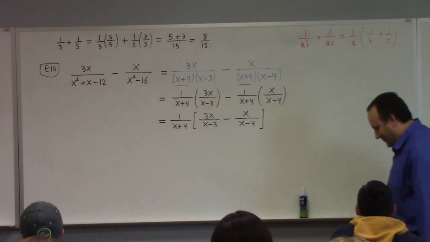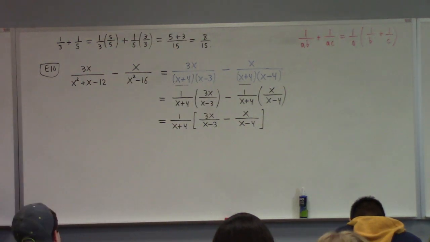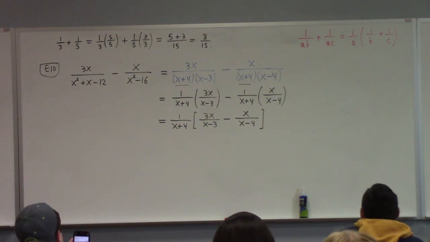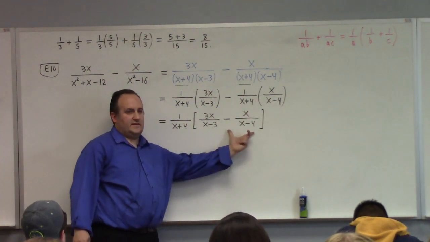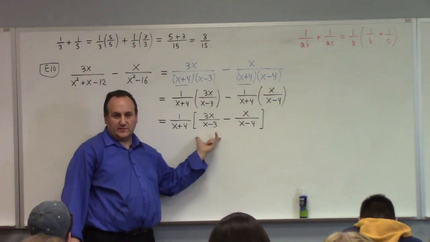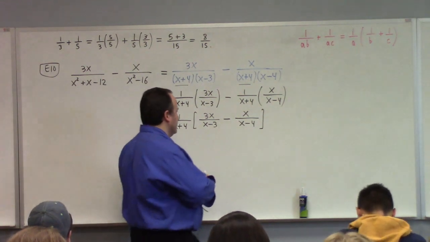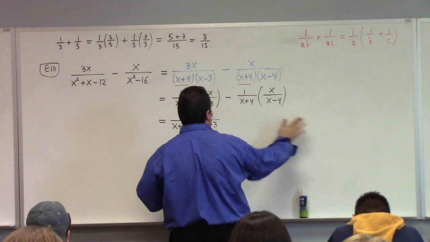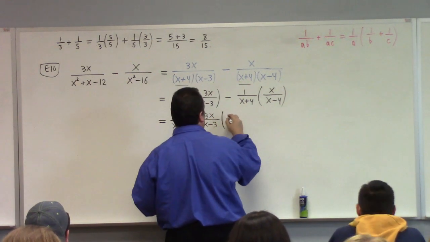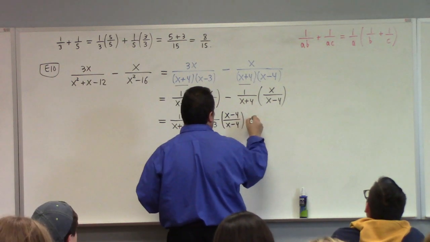So if the factors are the same, leave it as 1 over the same factor. Right. Now, are we done? We're not done. So, can we make this into one fraction? We'd like to do that, yeah? So, what do I do here? I will multiply this by x minus 4 over x minus 4.